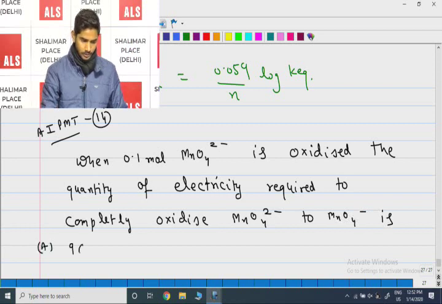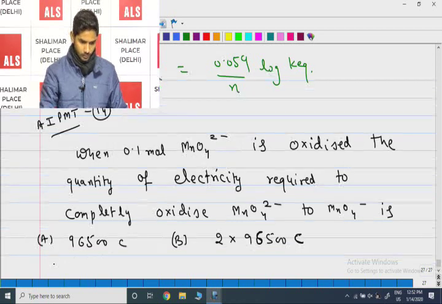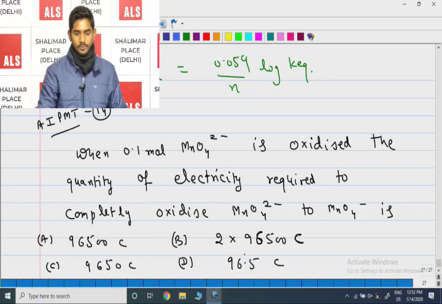Options are A, 96500 coulombs, B, 2 into 96500 coulombs, option C is 9650 coulombs, option D, 96.5 coulombs. Please solve this question.